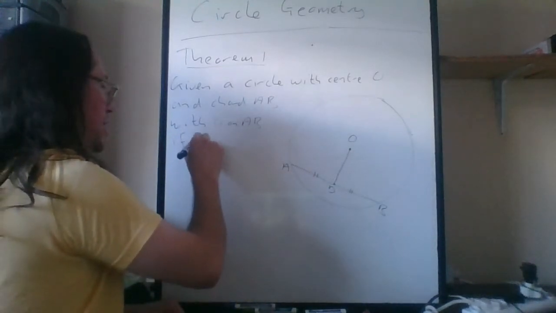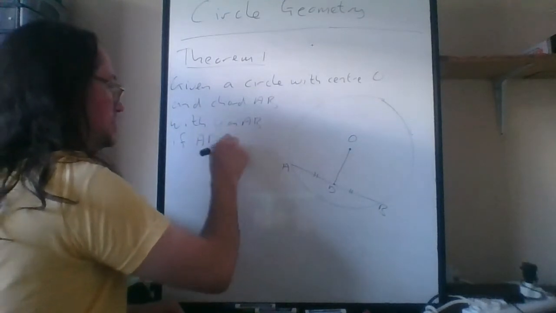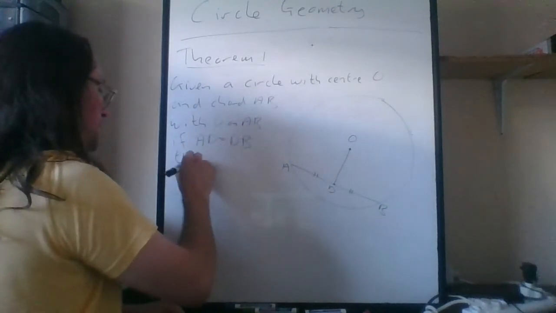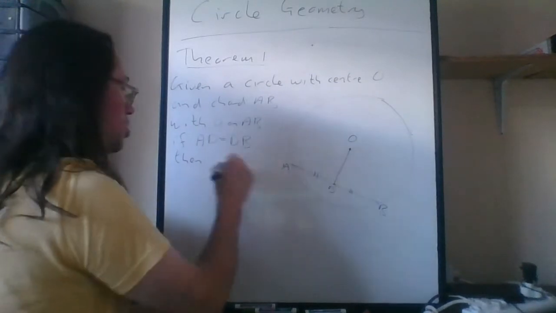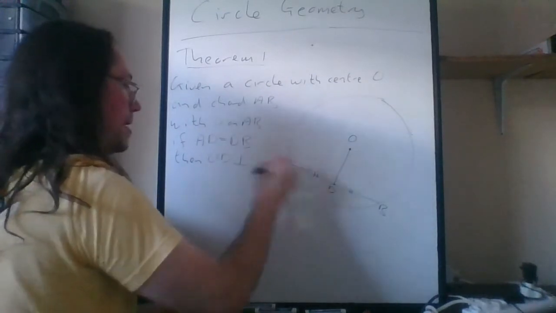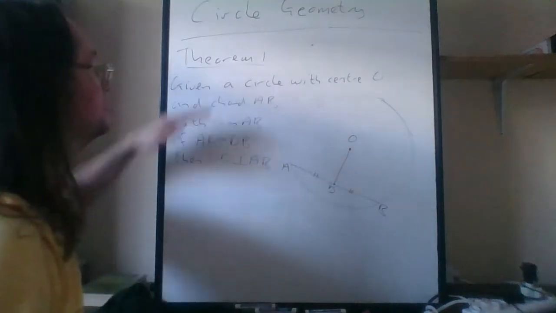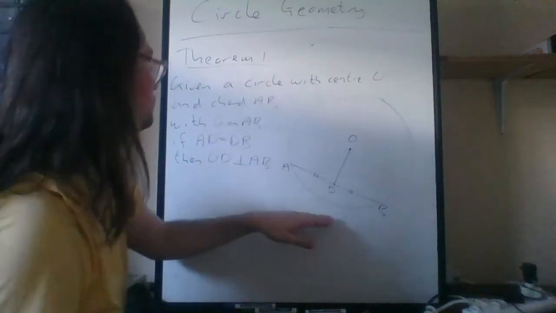If AD equals DB, then OD is perpendicular on AB. So this is the first theorem for circle geometry.